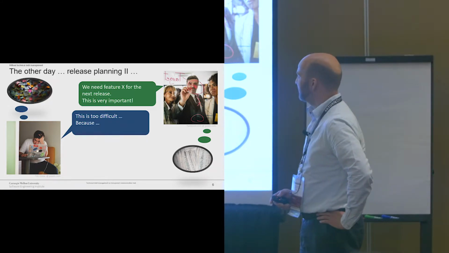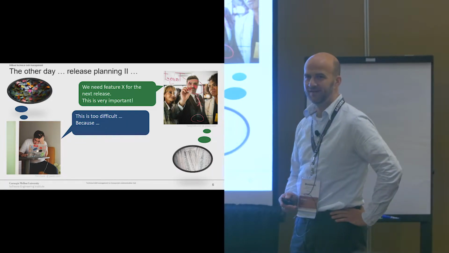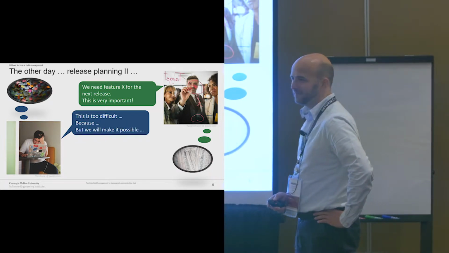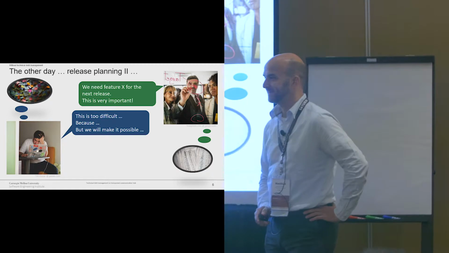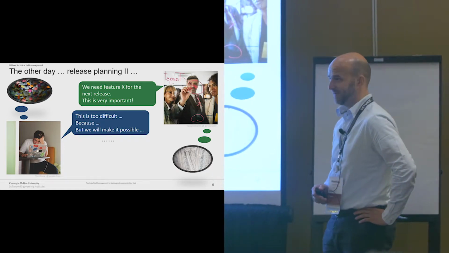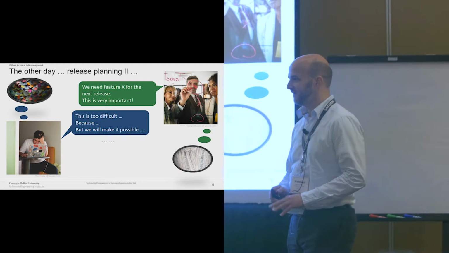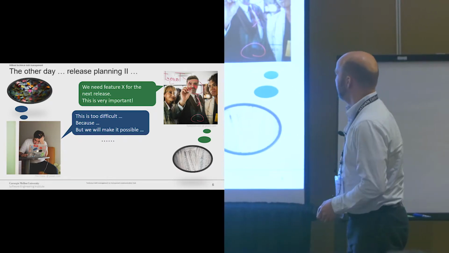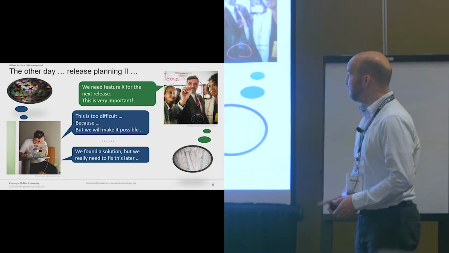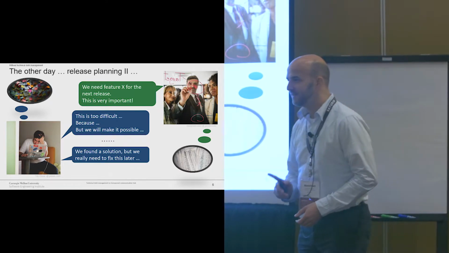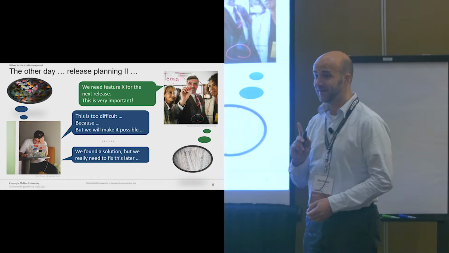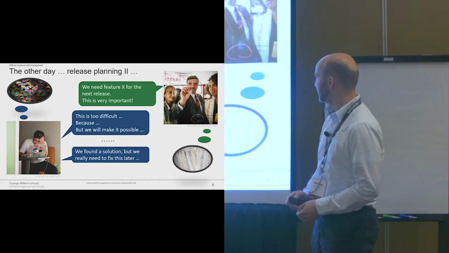Let me think, but we will make it possible. Then some time goes by, thinking, implementing, hacking, finding workarounds maybe. And then we found a solution, but we really need to fix this later. That's very important, we need to fix this later.